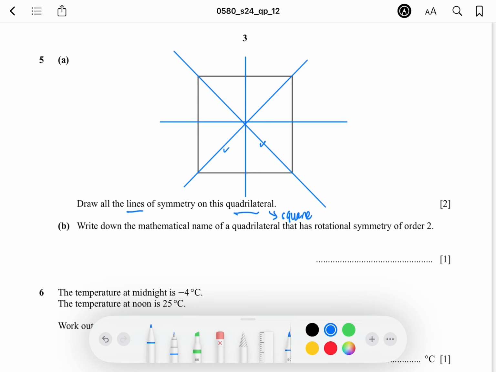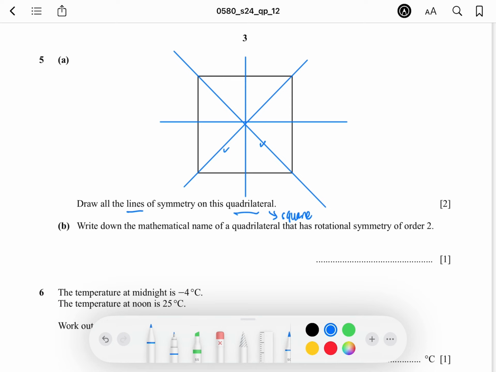Cuba pakai ruler measure. Remember what I said? No assumption. So if you use a ruler, you measure sama kan? Then baru tahu it's a square. Then baru dapat lurus melukis all 4 line of symmetry which are all equal.